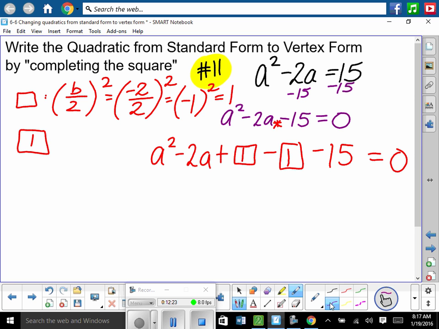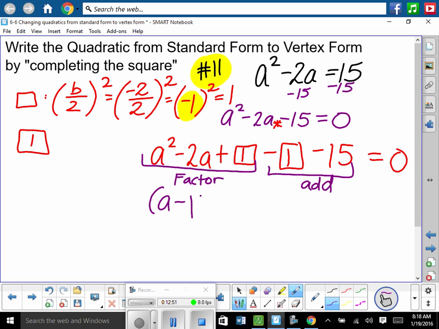So you group the first 3 terms and factor. Group the last 2 terms and add. So let's factor these. You could do it the long way, or you could say, I know a little trick. I'm going to look back at what b divided by 2 was before I squared it. It's going to be that twice. So this is going to factor to be a, because it's negative 1, it's going to be minus 1 squared.